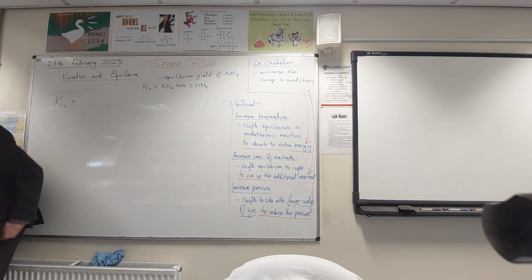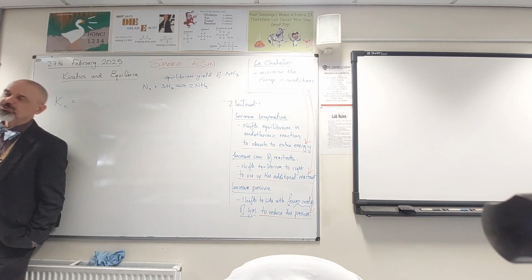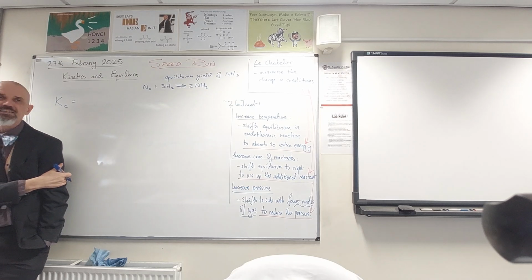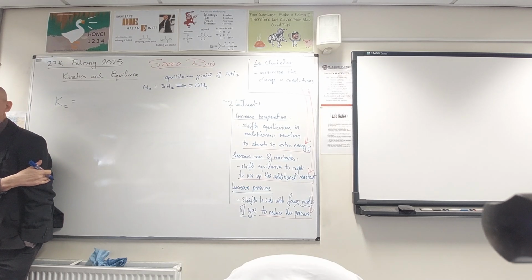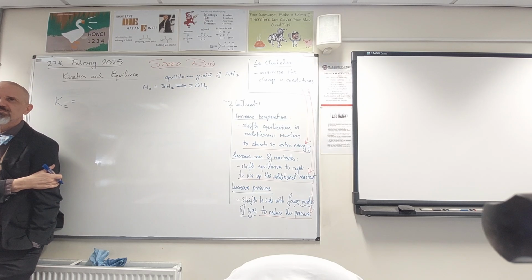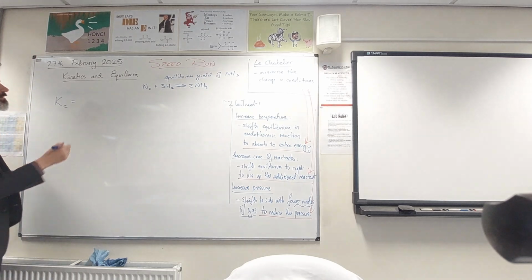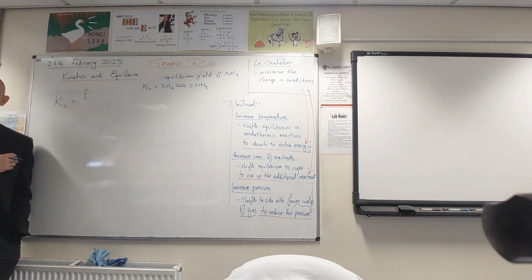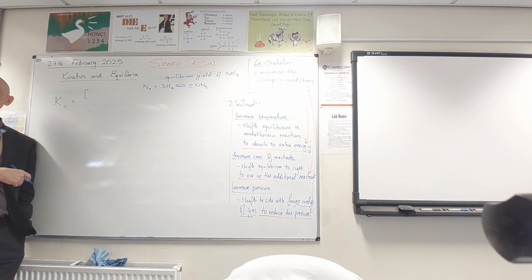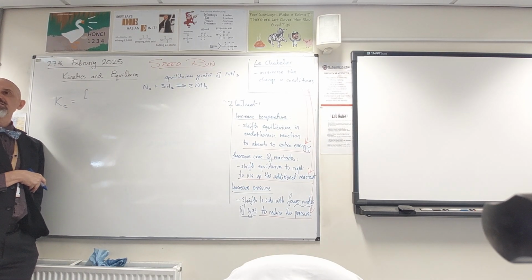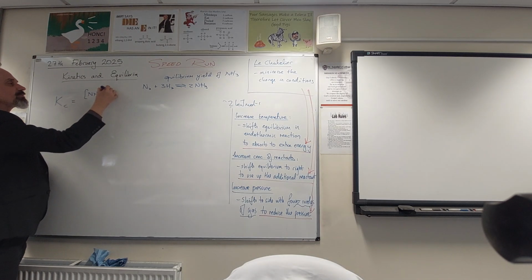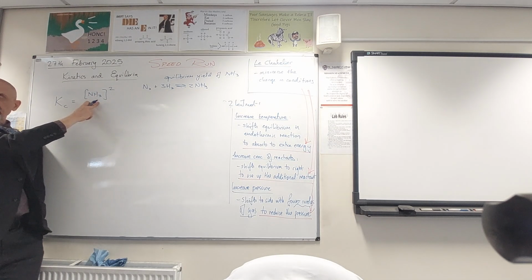How do I write the expression for Kc? Do you remember when AQA asks for an expression, they mean something mathsy, as opposed to an equation, which is something chemistry-y. You want the square brackets. Square brackets meaning concentration. So for the Haber process, key things to remember is product goes on the top.